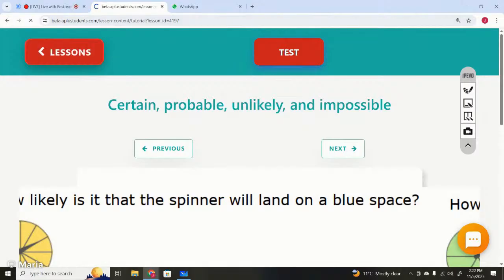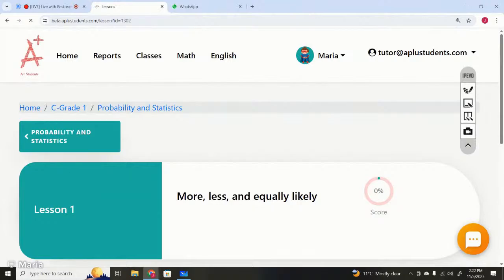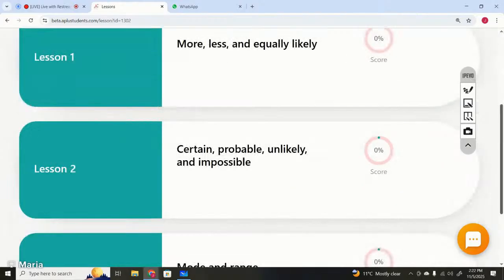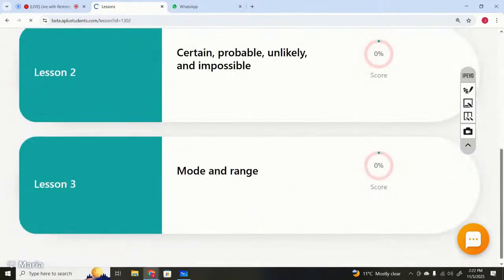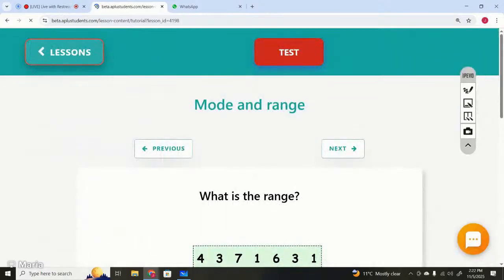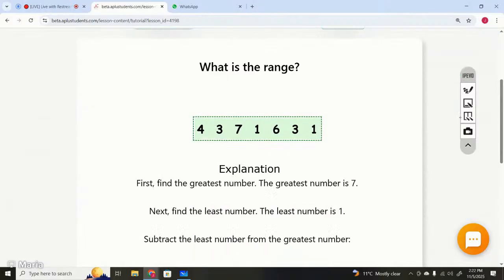The next lesson is mode and range. What is the range?